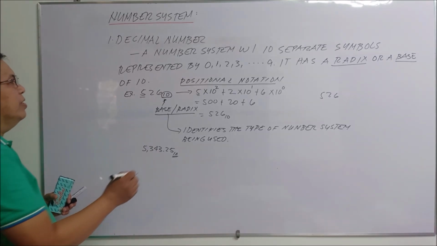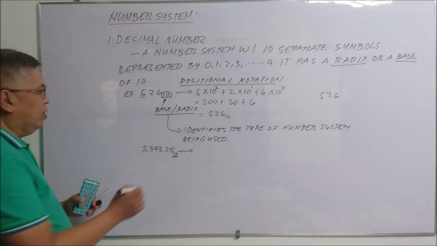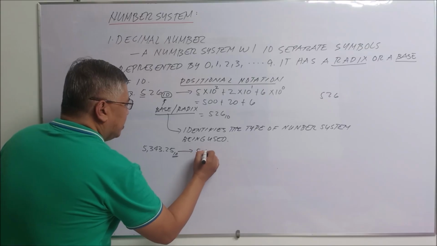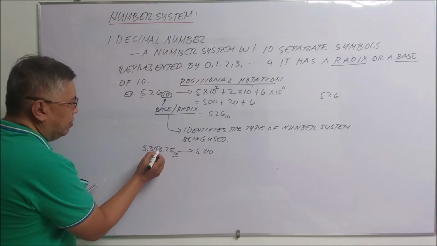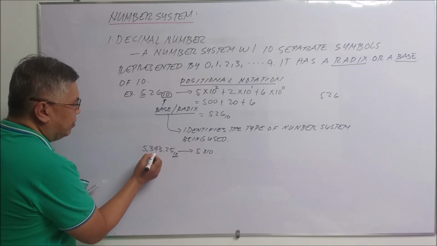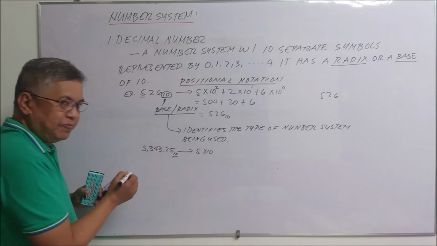If we obtain the positional notation of this, that will be 5 times 10 to what? Count the number of digits from right going to the left, that is, the digits to the left of the decimal point.